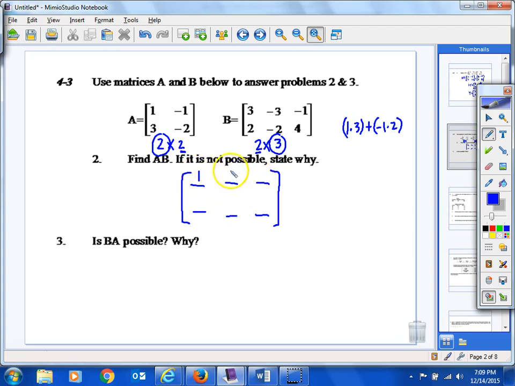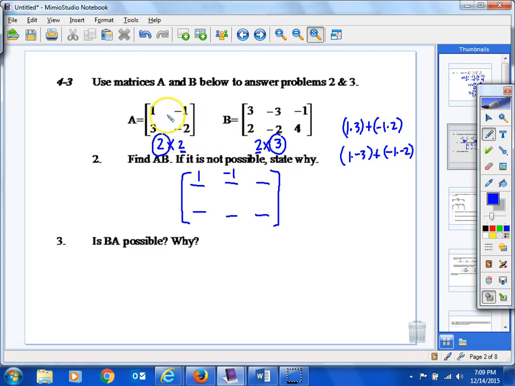Okay, so for row 1, column 2, use row 1 times column 2. 1 times -3 plus -1 times -2. Okay, -3 plus 2 is -1.